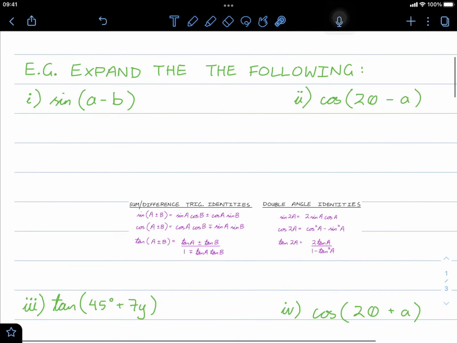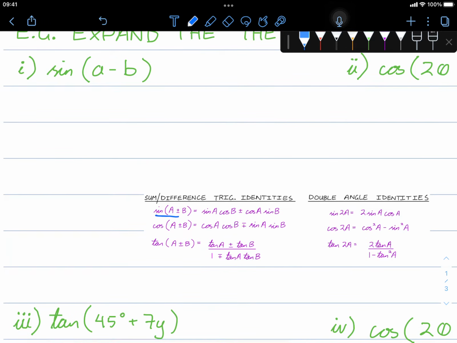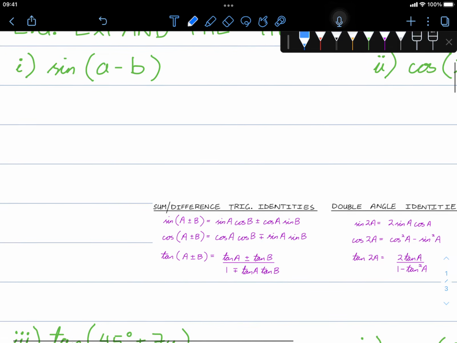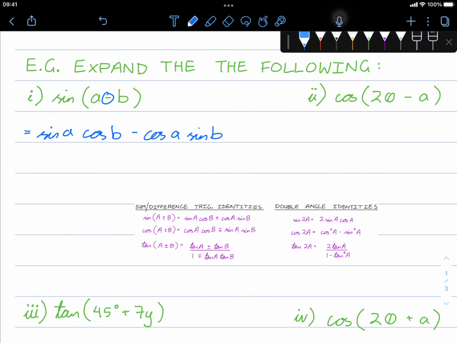So sine of A minus B. So we're looking at sine of A minus B. Very simple. That becomes sine of A, the first term here, cos B. Since we're looking at the minus, we take the minus, minus cos A sine B. That's pretty much it.